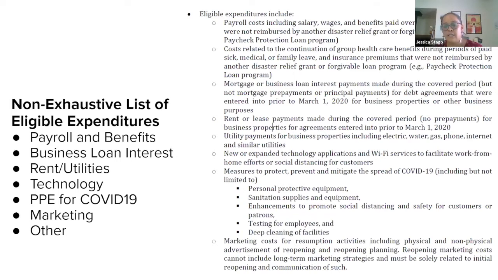Well, actually that's PPE. Technology, if you needed to purchase a computer for your employee that's going to be working from home, that's what you could use this grant for.